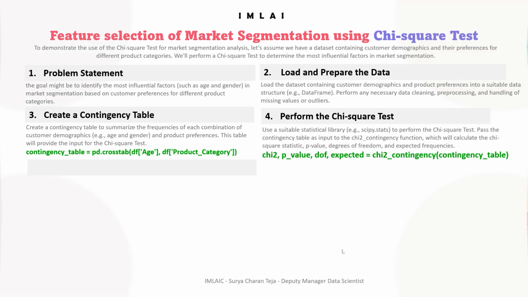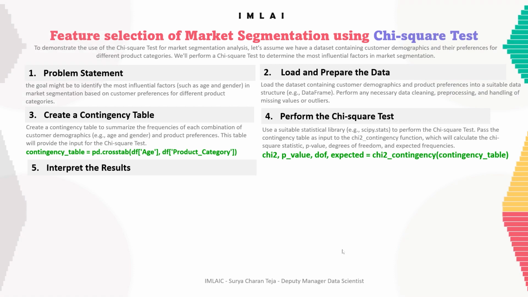So now it's time to interpret the results. Examine the results of the chi-square test to determine the statistical significance of the relationship between the customer demographics and product preferences. Focus on the p-value, which indicates the probability of observing the obtained chi-square statistic under the assumption that there is no relationship.